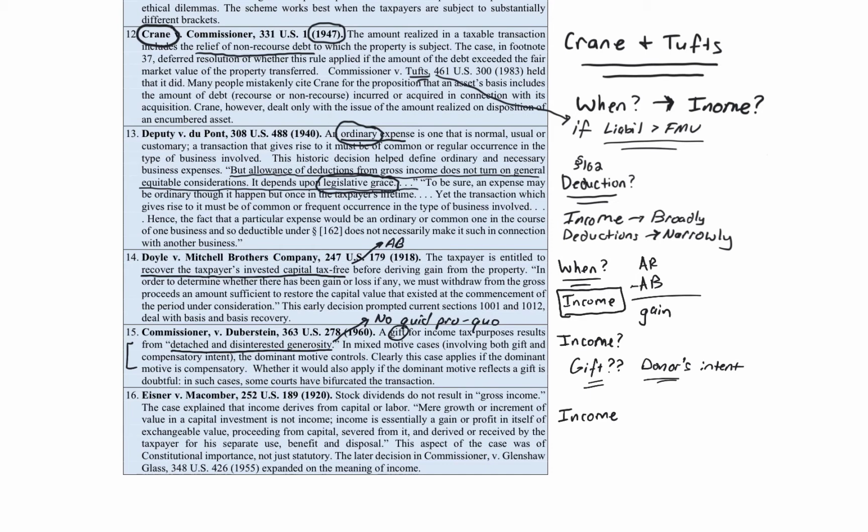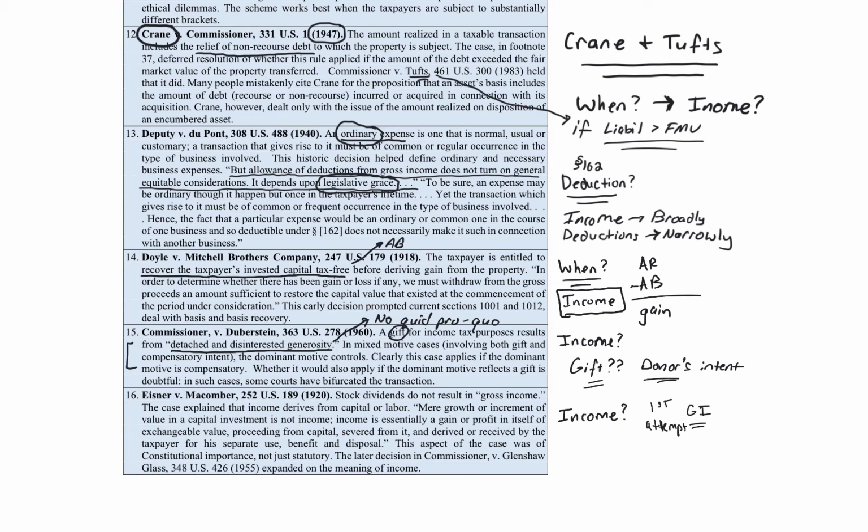So the Eisner case is definitely an income case. So the Eisner case was the first attempt by the Supreme Court to define gross income. So if you look at Code Section 61, gross income is defined as income from whatever source derived.